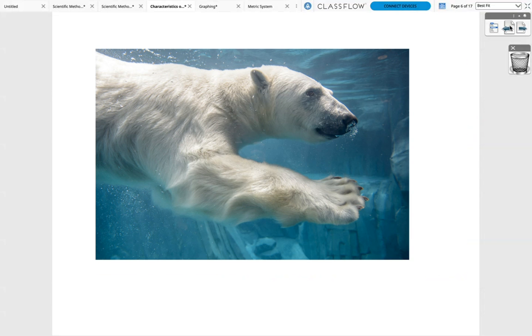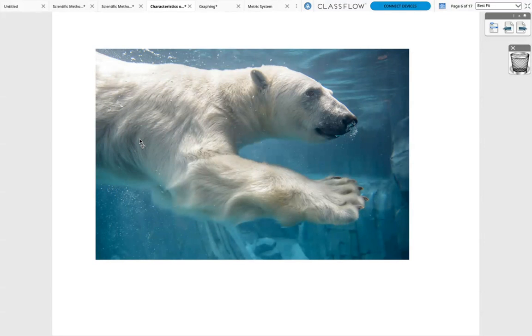This one, I love this picture. This is a polar bear. A polar bear has so many different adaptations for living in the wild. And you can really sort of see through this polar bear here. Of course, he has this fur. There's unique things about the polar bear's fur. His skin underneath is black.